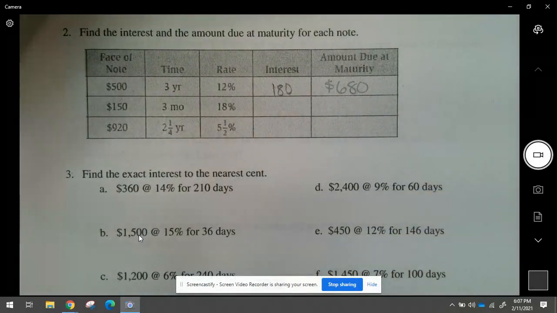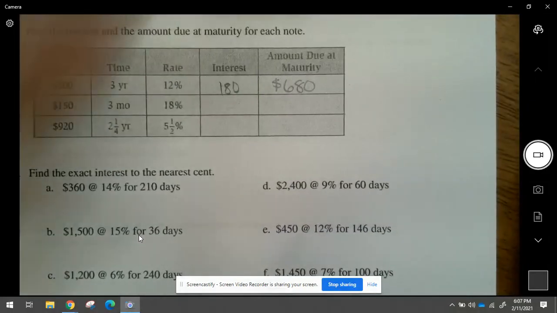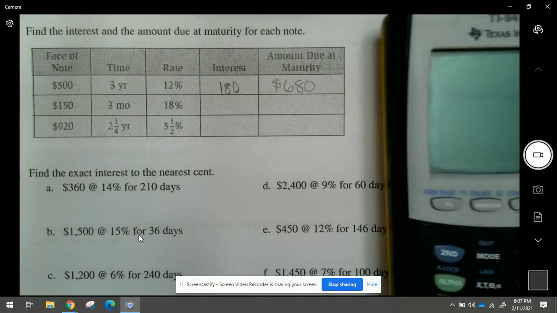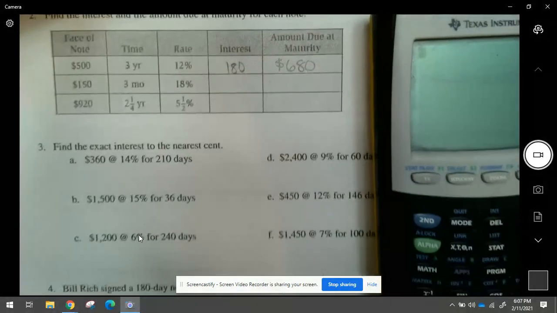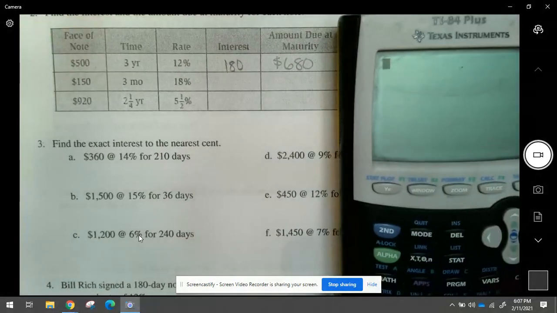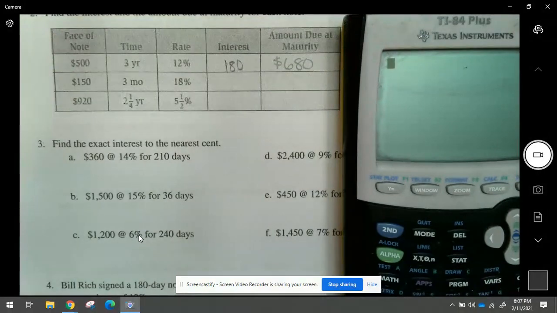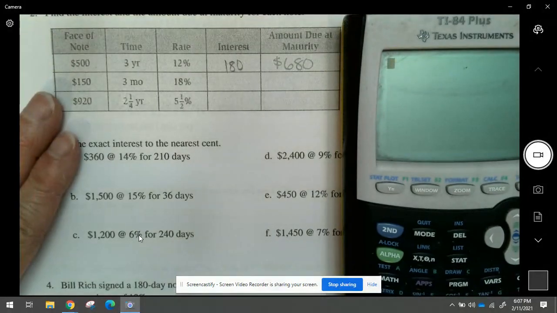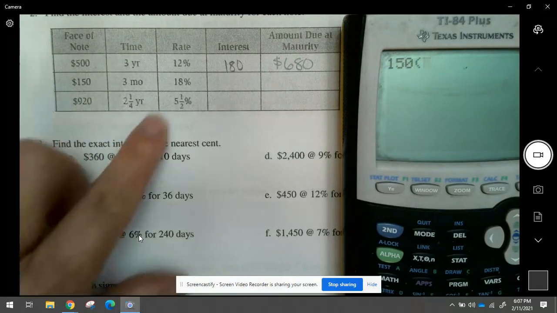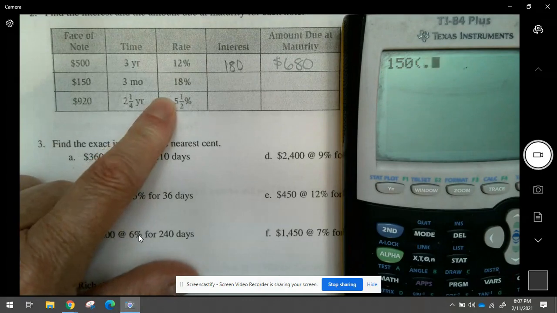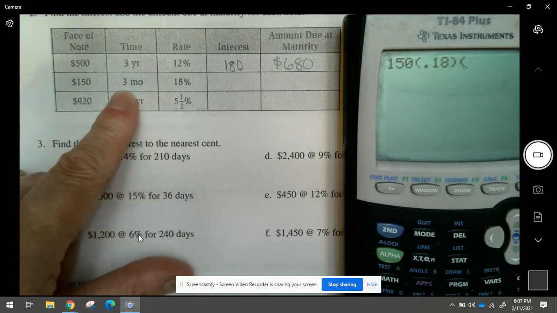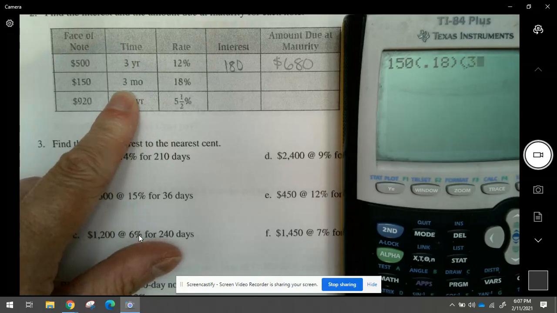All right, the next box, try to get everything on the screen at once. All right, so we have $150, 3 months, and 18%. So 150, 18% is 0.18, and 3 out of 12 months, so 3 divided by 12 here.